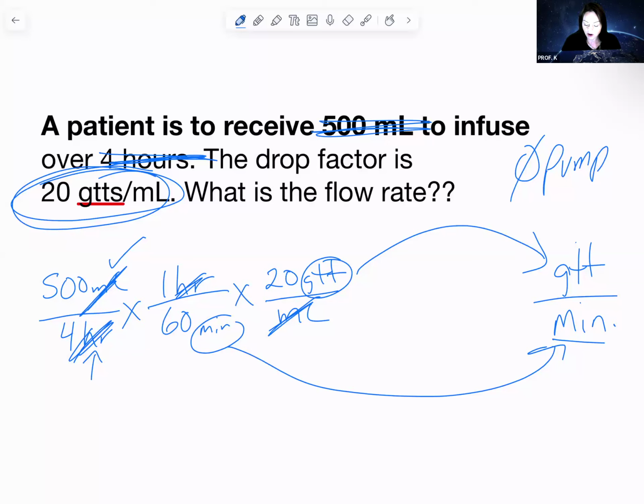Everything else is gone. Drops in the numerator, minutes in the denominator. Now it's just math. So across the top, 500 times 20 is 10,000. And 60 times 4 is 240. And when I divide, it'll give me 41.66, which I round to a whole number. If it's greater than 10, it'll give me 42 drops per minute.